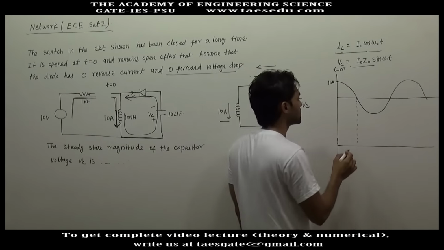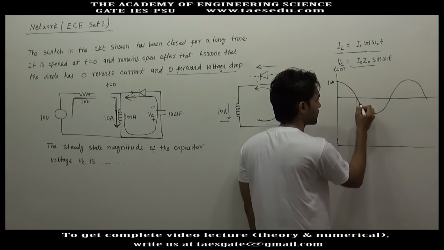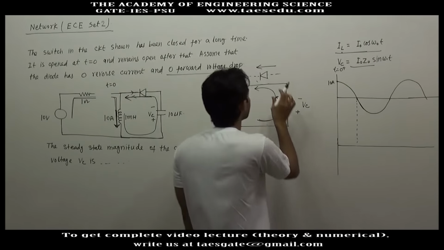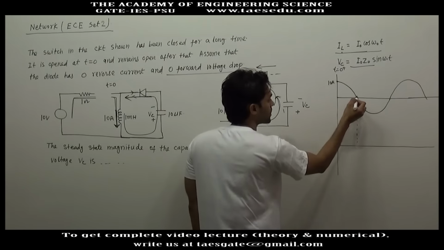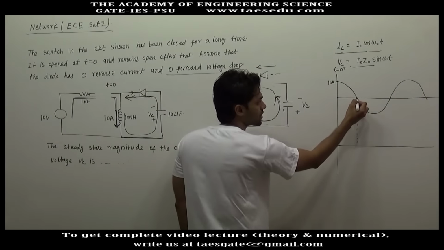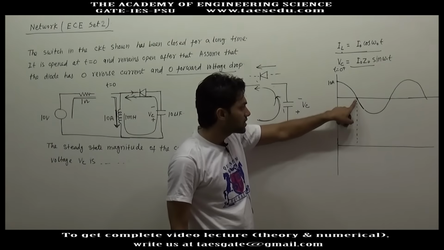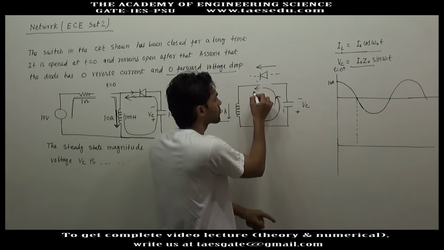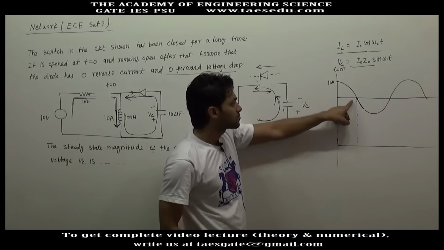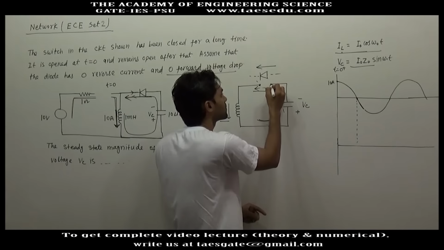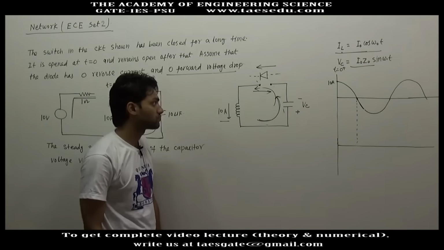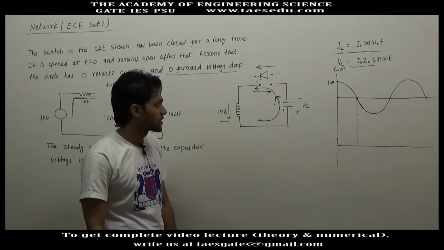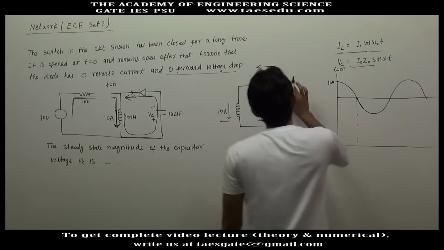In complete LC oscillation, after this point current will be in clockwise direction, but due to diode, after this point the current has a tendency to be negative, and negative current is clockwise current. So after this point diode will be open circuited, and there will be no current in the circuit after that.